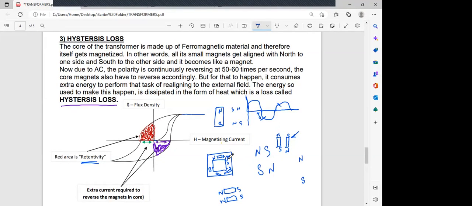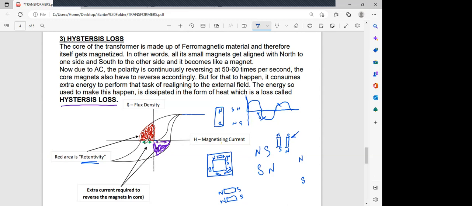It is not doing any useful force or useful work. Therefore this is wasted energy. When you're wasting energy, you have a loss. So this is in one direction.